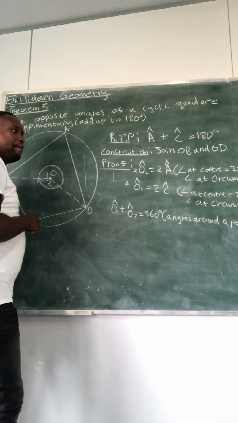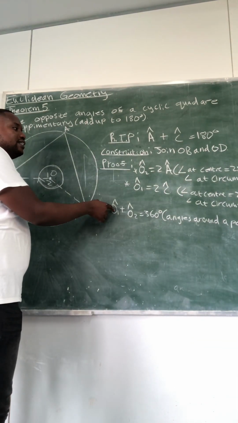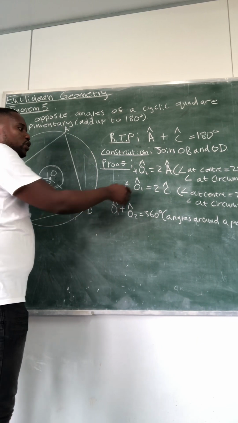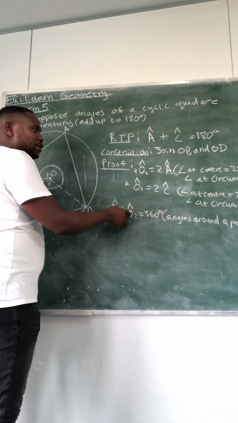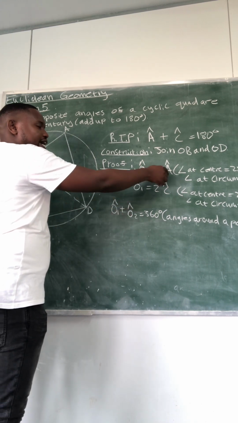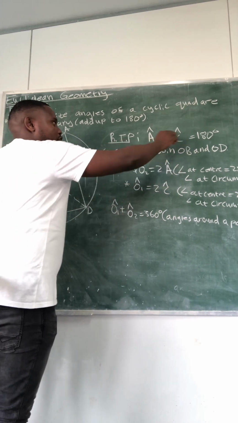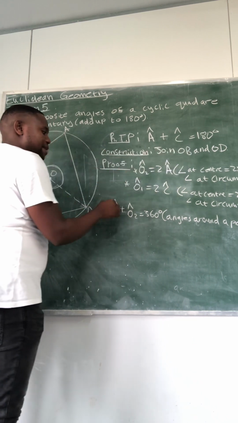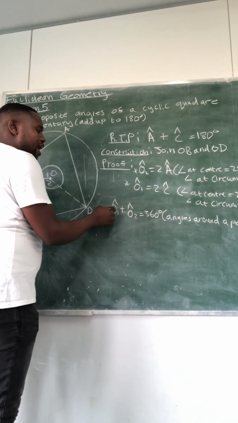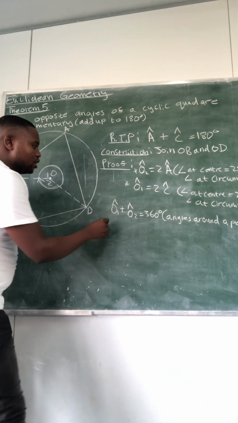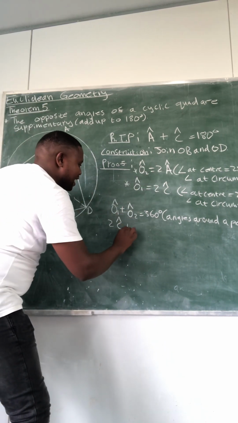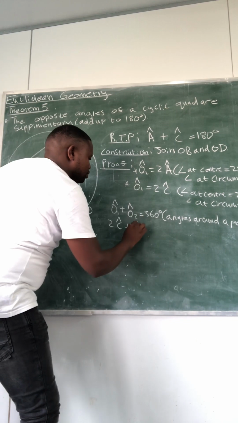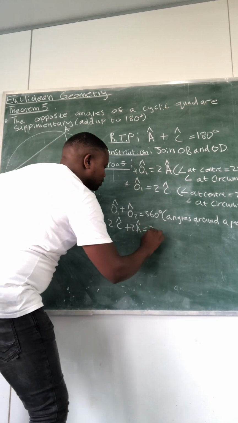Okay? But above, we wrote that angle O1 is equal to 2 times angle C, and angle O2 is equal to 2 times angle A. But I remember our proof is in terms of A and C, right? So we better substitute O1 and O2 in terms of A and C. So 2 times angle C plus 2 times angle A equals 360 degrees.